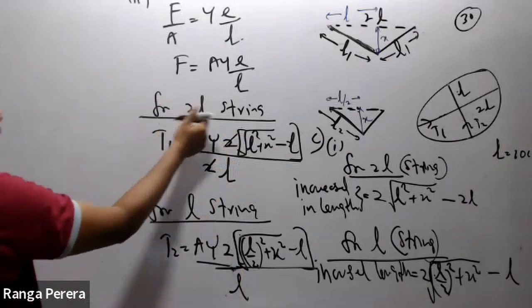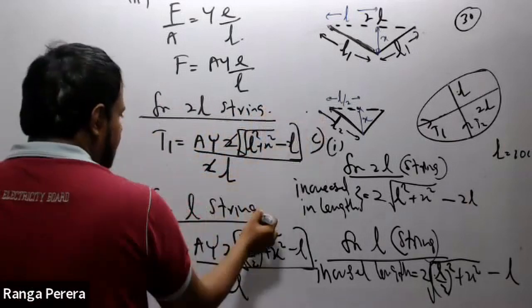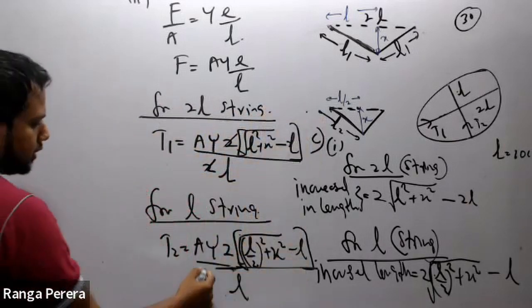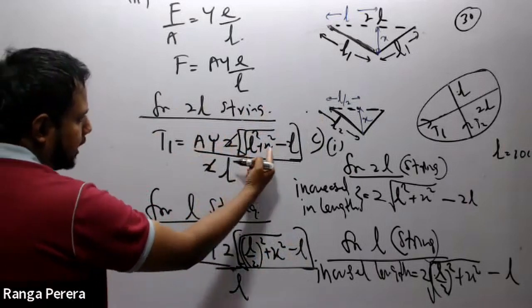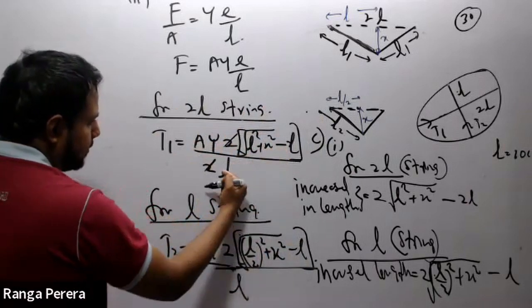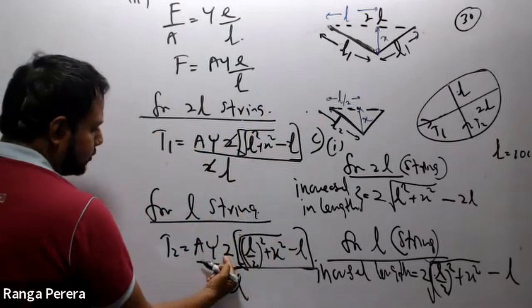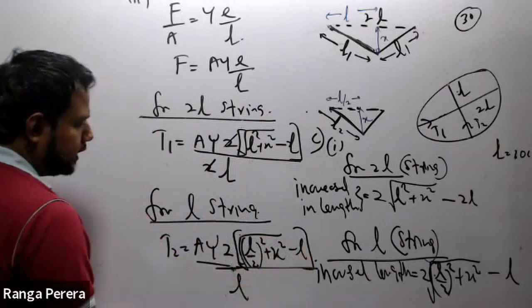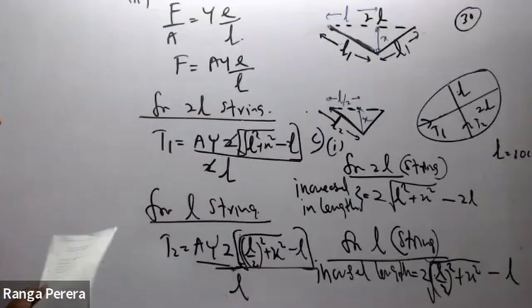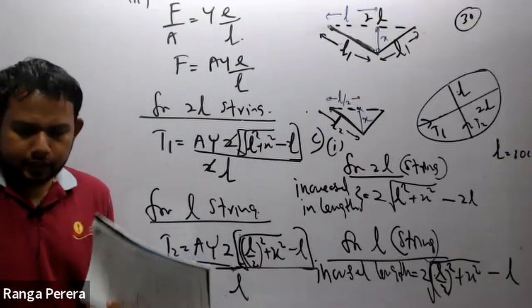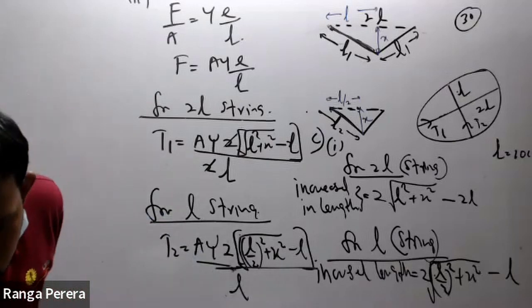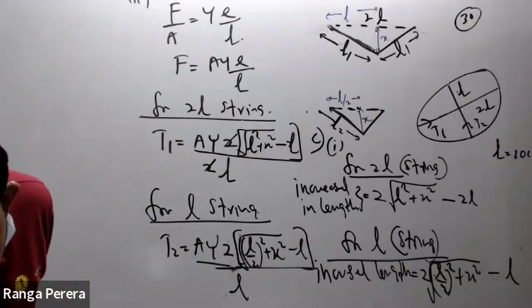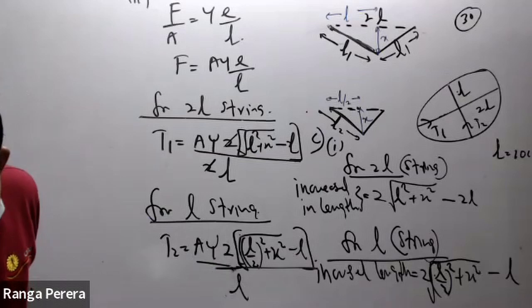We can say for the 2L string, the longer string, and the shorter string: A Y times root of (L squared plus X squared) minus L, divided by L, and A Y times 2 root of ((L by 2) squared plus X squared) minus L, divided by L. Right, finished, clear?